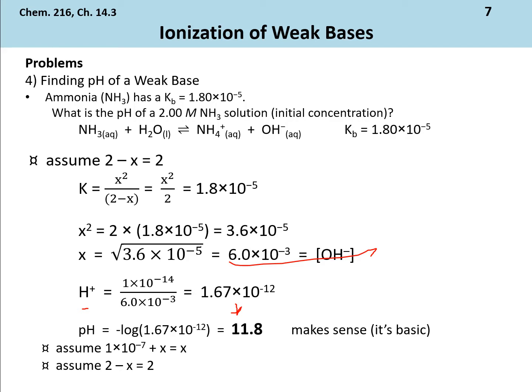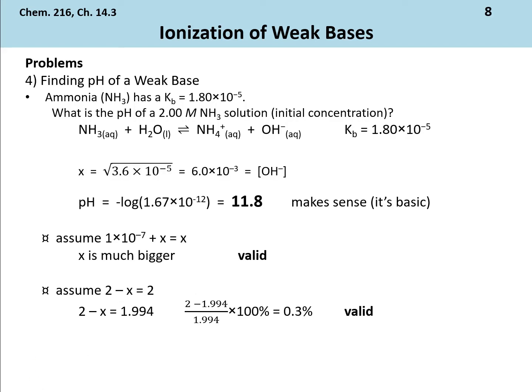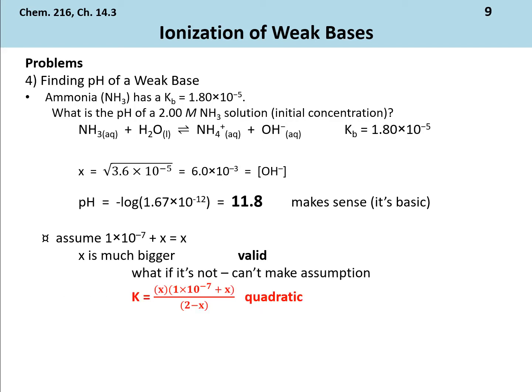Okay. I should check my assumptions. In this case, they're both valid. And so I'm good. Okay. Now, notice in this case, we assume that 2 minus x was small. What if I can't? Well, then I have to do the quadratic, okay? And that's going to be more difficult. Actually, in the video problem you're going to do, you're probably going to have to use the quadratic, okay?